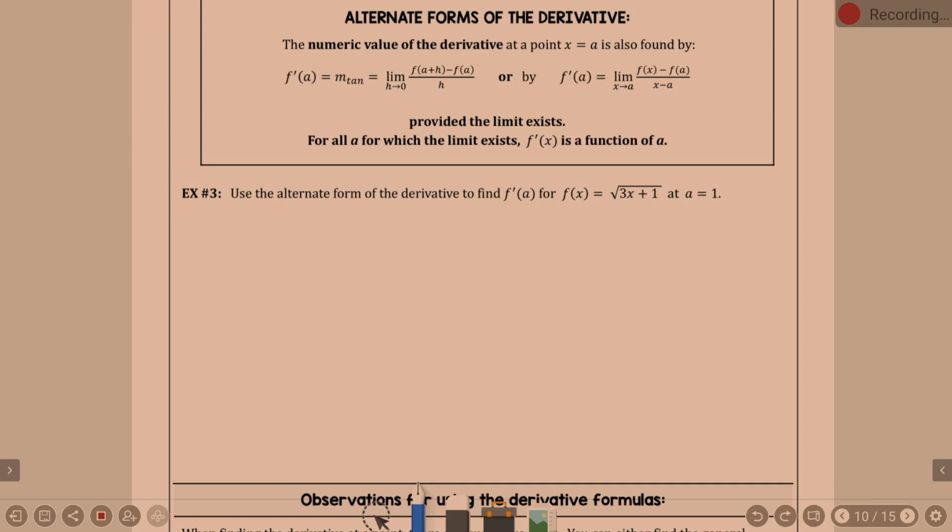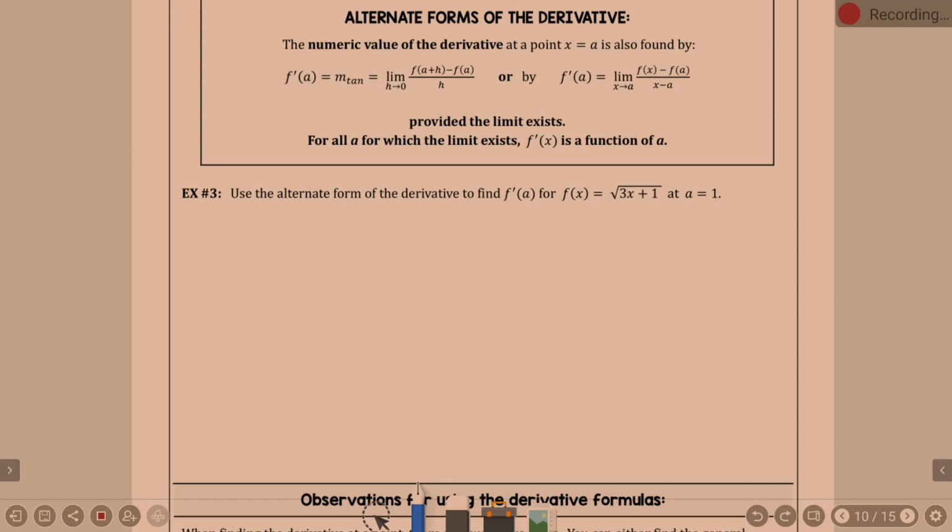I'm trying to think, is this the one they also sometimes call the symmetric derivative? I don't remember if we learned that in a different lesson or not, but okay. Of course, both of these, provided the limit exists. For all a for which the limit exists, f prime of x is a function of a.